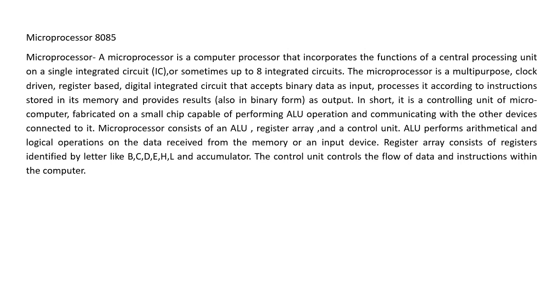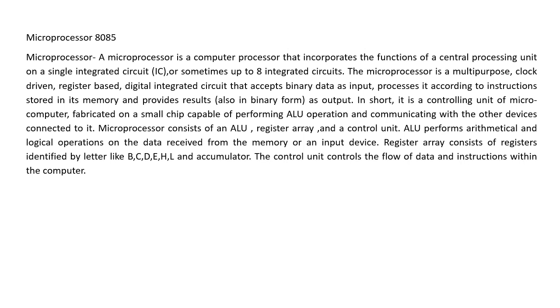Basically 8085 is a digital device which accepts binary input, that is digital input, and its output is also digital. In short, it is the controlling unit of a microcomputer fabricated on a small chip, capable of performing ALU operations and communicating with other devices connected to it. Microprocessor consists of an ALU, register array, and a control unit.